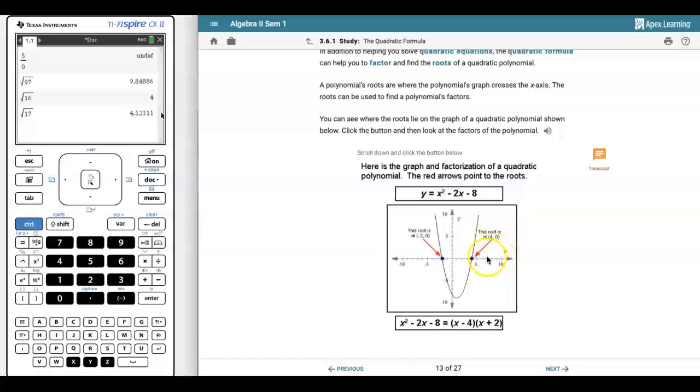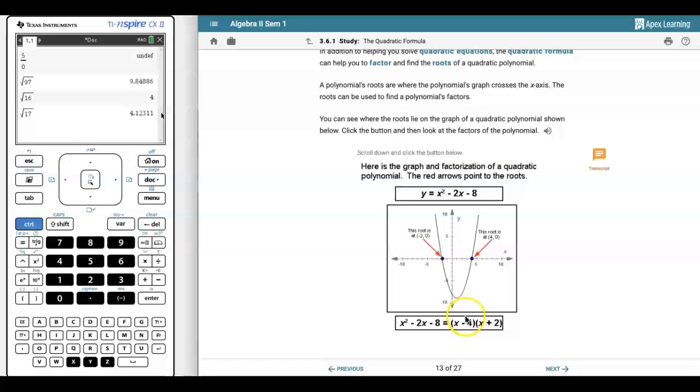So what we end up doing is if we were to factor this down, the x values you have here, you take the opposite form of it. So right here, this root is 4, 0. So one of my factors is x minus 4, because this is positive 4.